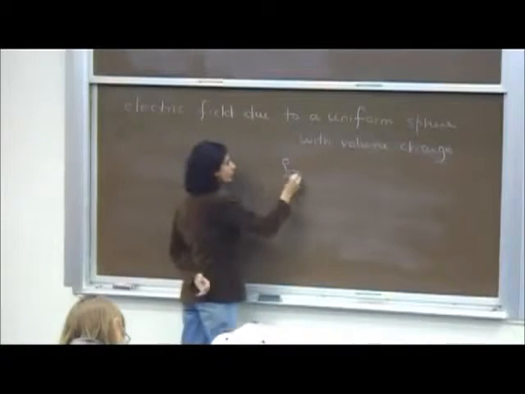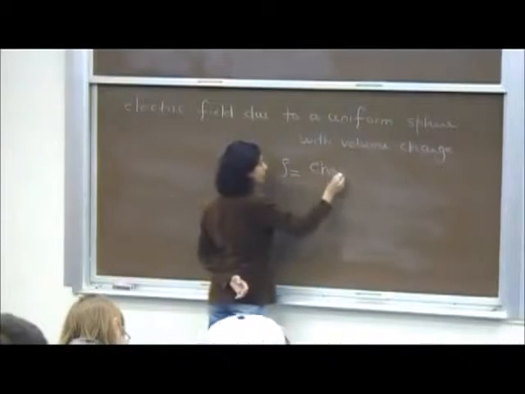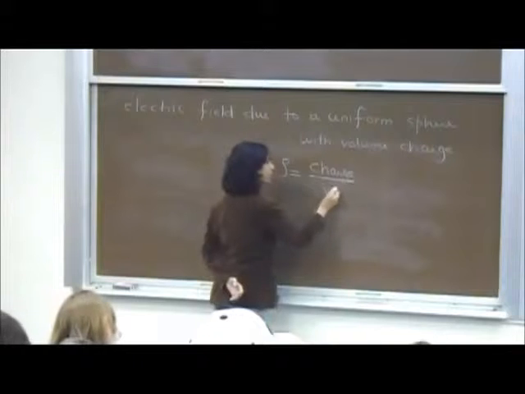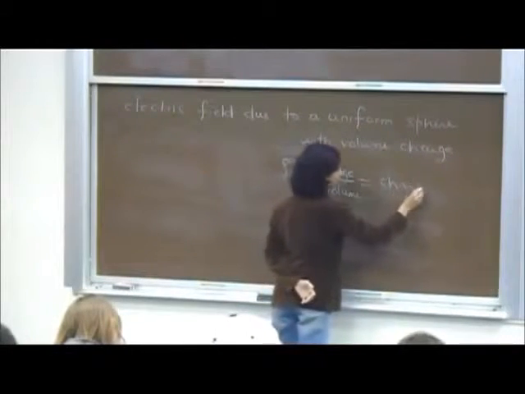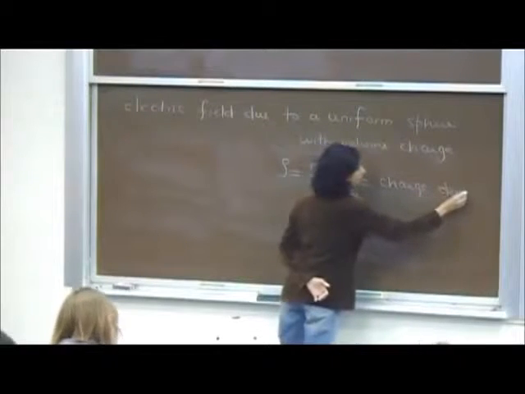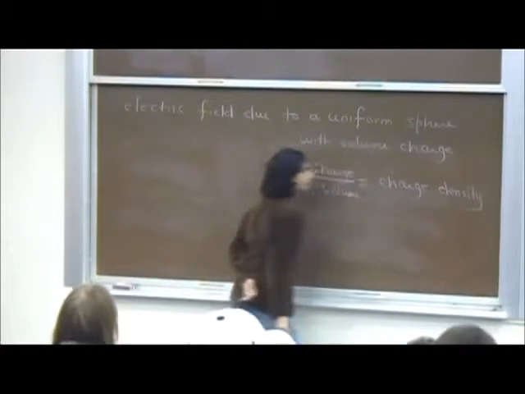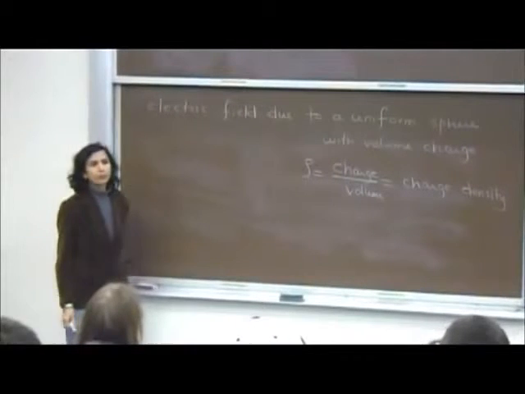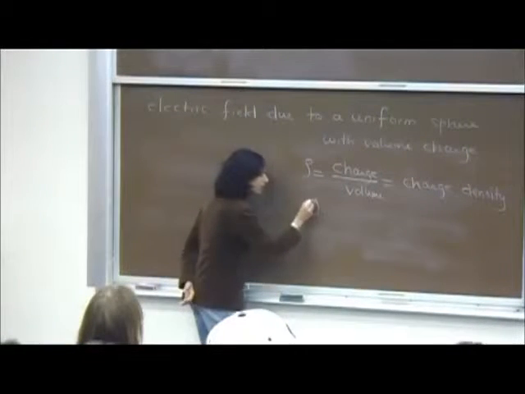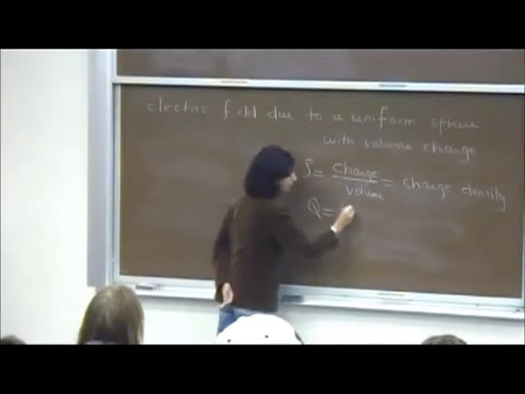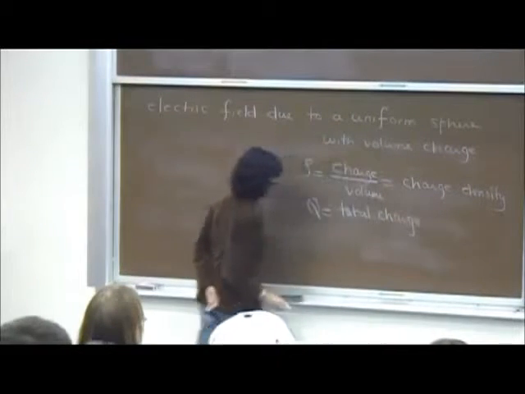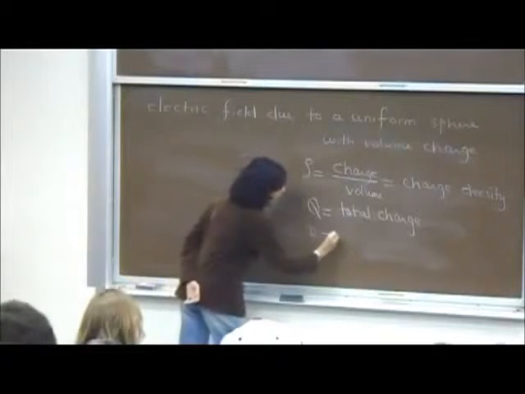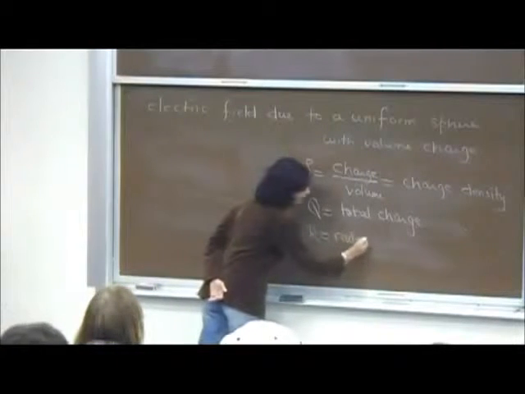We are going to assume that rho is what is called charge per unit volume, or we can call it charge density. Suppose Q is the total charge, and R is the radius of the sphere.